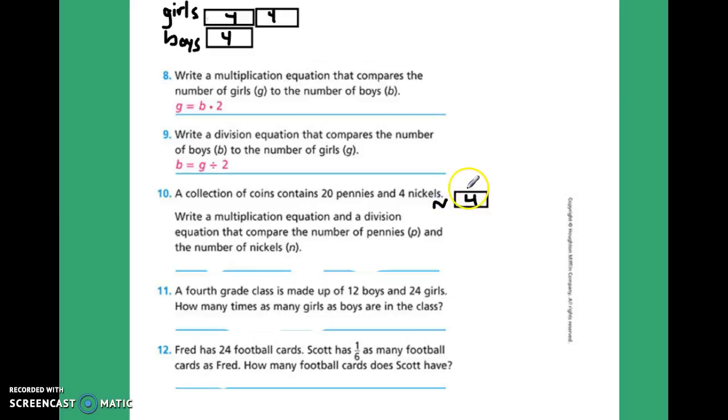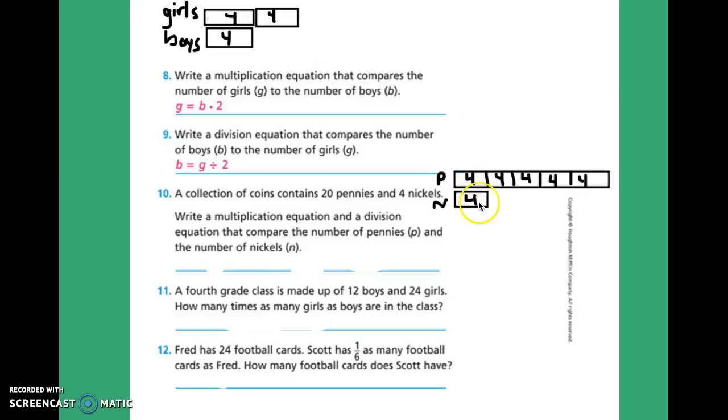And now I have to draw my comparison bar for the pennies. All right, so I drew out the pennies here for us. It's not perfect, but you can see, so we have pennies and we have nickels. And now it wants us to write both the multiplication equation and a division equation. So to do that, I'm going to look here and say, okay, if this is the total number of pennies I have, how many times am I going to have to multiply nickels by to get pennies?